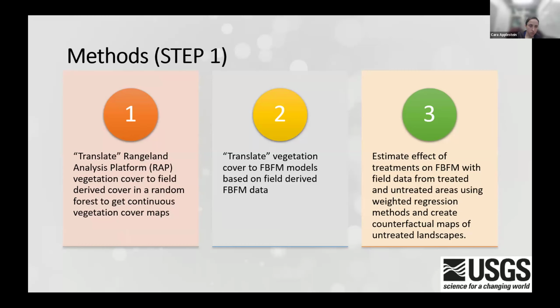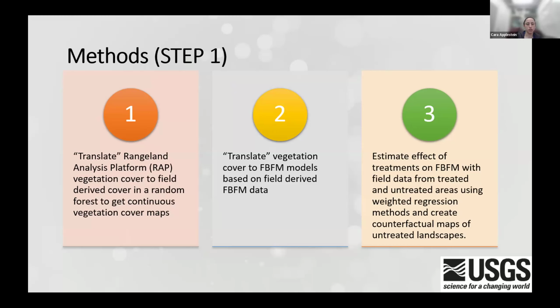So what we do is a whole bunch of field plots across the landscape. We relate those field plots to the Rangelands Analysis Platform vegetation cover so that we get a combined benefit of having both the remote sensing and the field data.